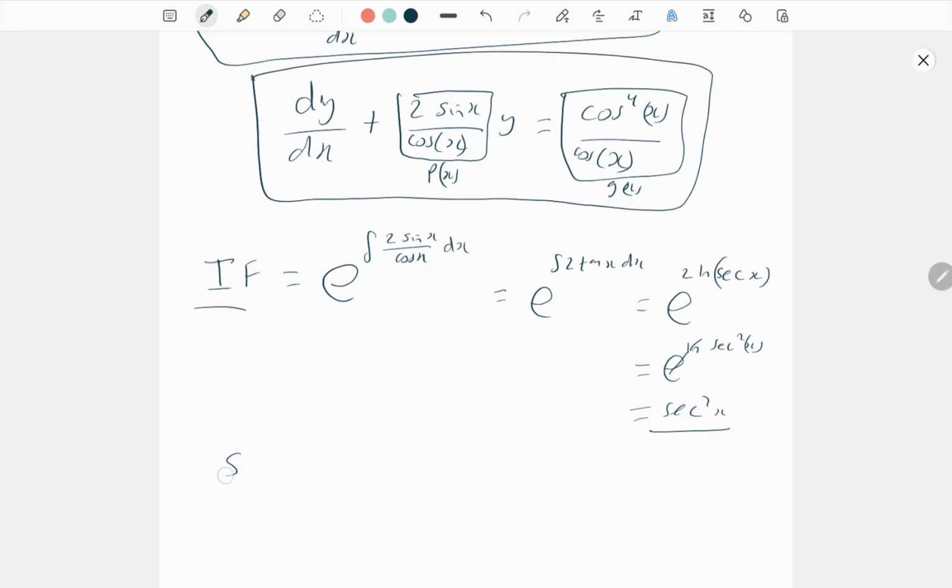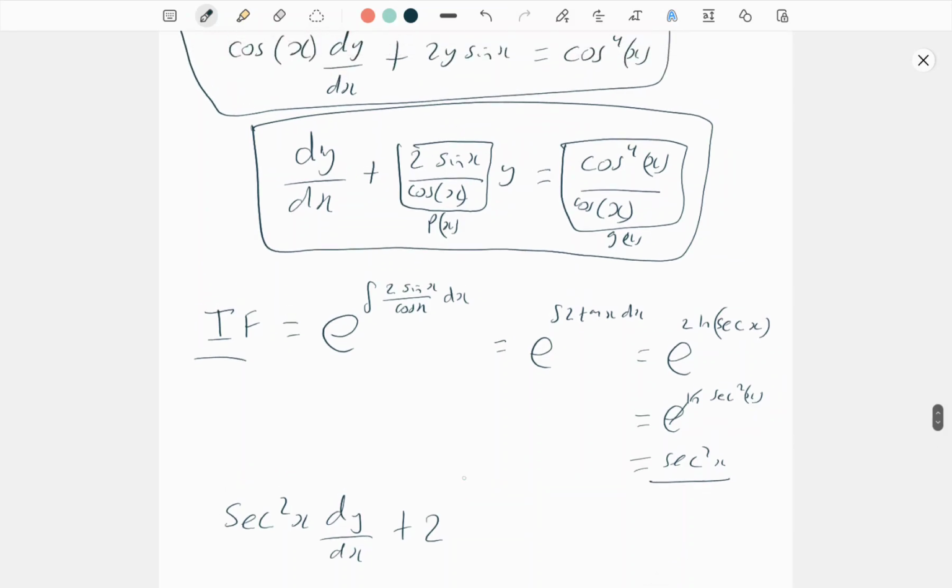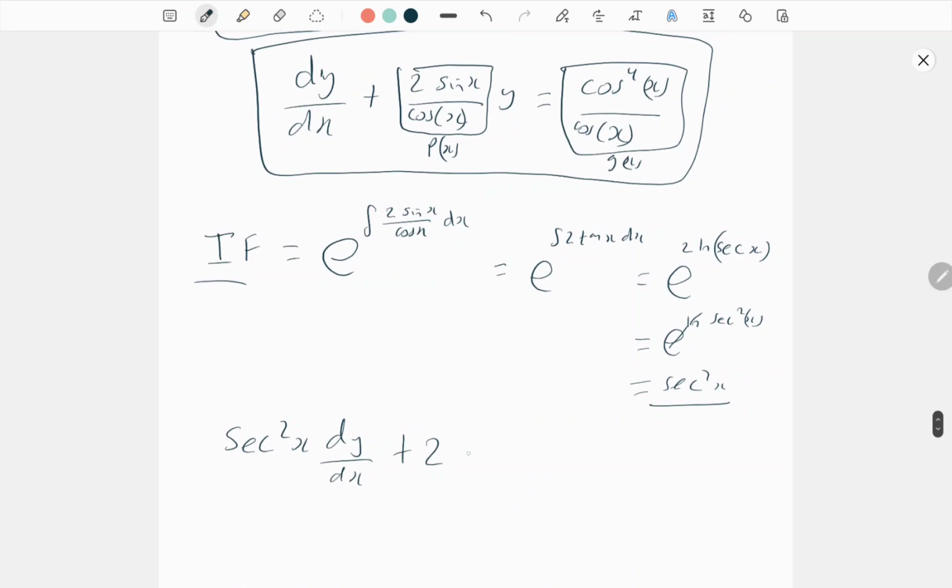So if you multiply by sec squared, you get sec squared x dy by dx plus 2 sec squared times sine x over cos x, which we can just write as tan x sec squared x, y equals cos to the power 4 divided by cos.